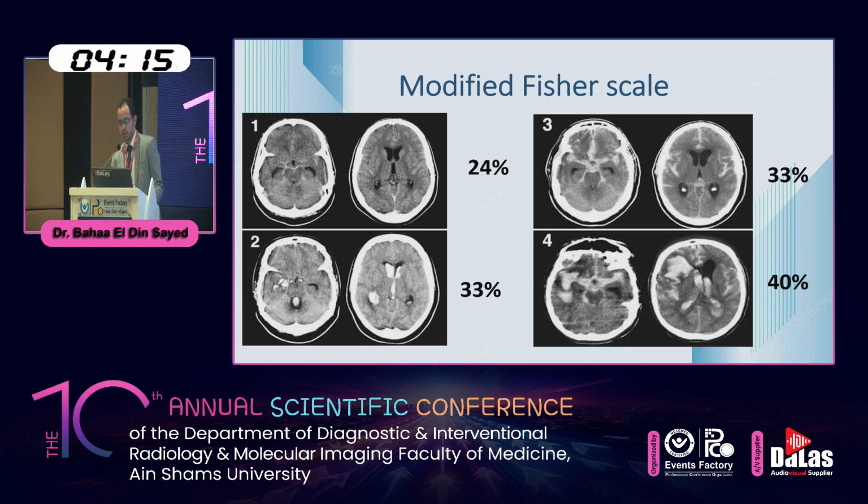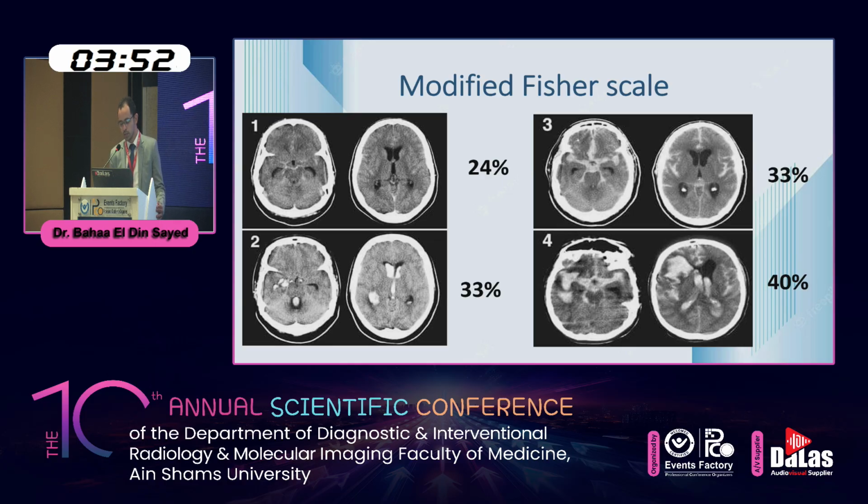It classifies subarachnoid hemorrhage into 5 scales, starting from 0 with no subarachnoid hemorrhage or intraventricular hemorrhage, with 0 risk of delayed cerebral ischemia. Grade 1, patients with thin subarachnoid hemorrhage and no intraventricular hemorrhage, with about 24% risk of developing delayed cerebral ischemia.